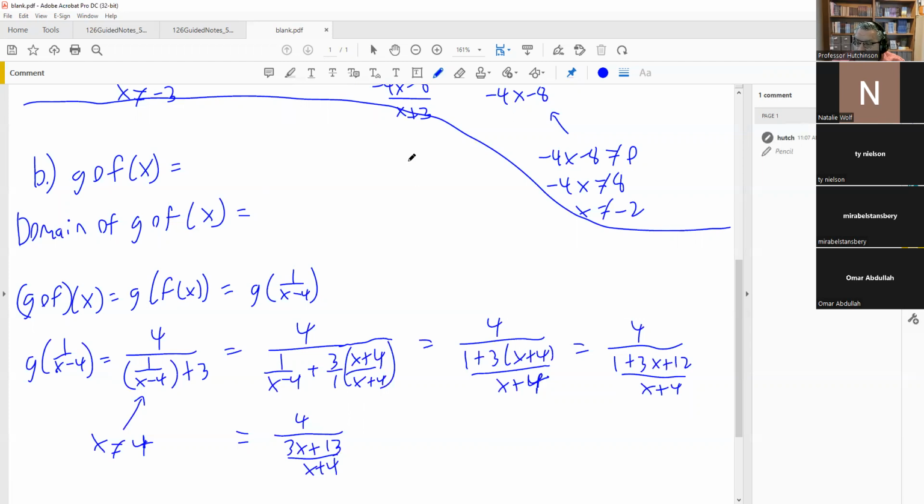Slow down for a second so you have a chance to catch up there. And you know what? I just realized something here. These should have been minus signs, not plus signs. The common denominator is x minus 4, not x plus 4. I apologize for that.